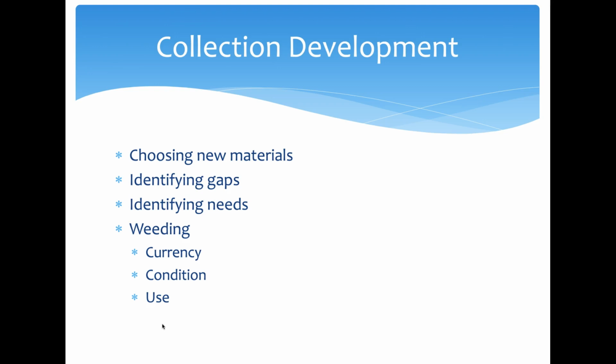It means choosing new materials, identifying gaps, identifying needs, and it also means weeding. Weeding is really part of collection development because it helps keep your collection current and in good shape and interesting.